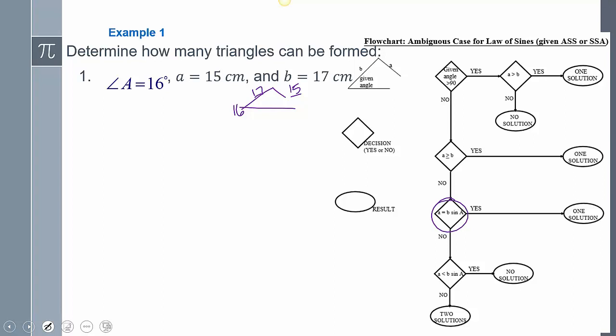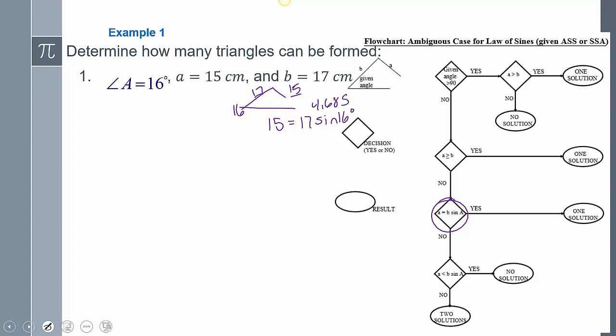Does A, so 15, equal 17 sine of 16 degrees? Well, we've got to get a calculator for that. So enter in your calculator 17 sine of 16 degrees. Okay, I get 4.685.